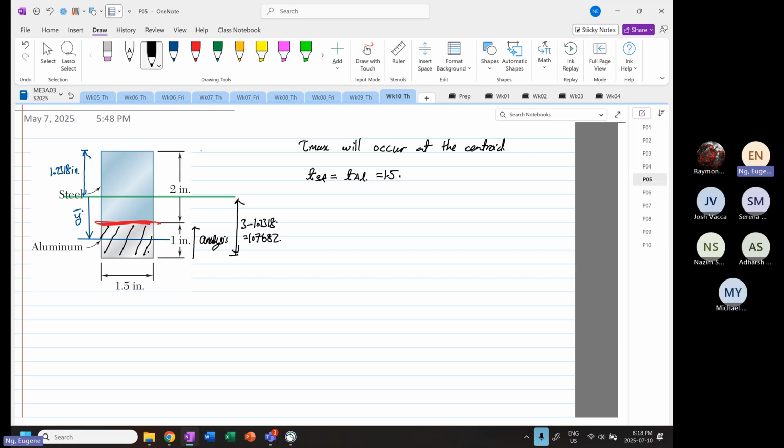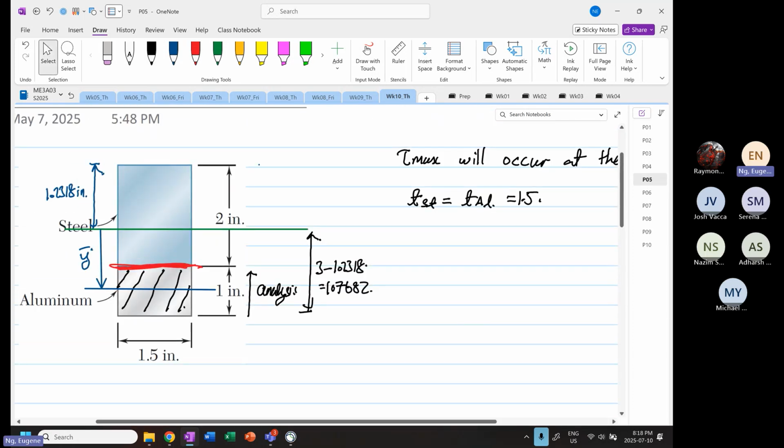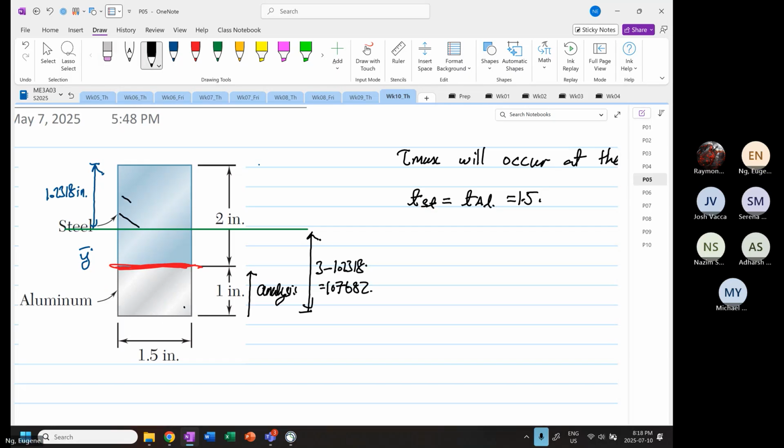Right? So now we are going to consider this cross section. Okay, so we can just focus on the what? On the steel.